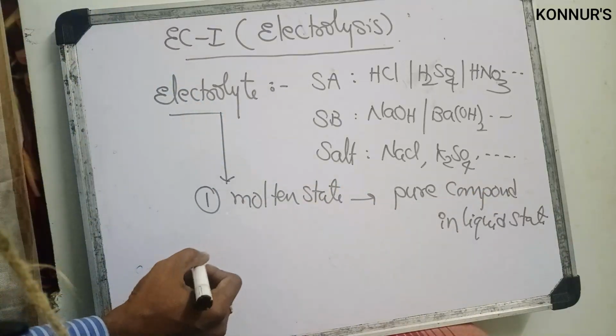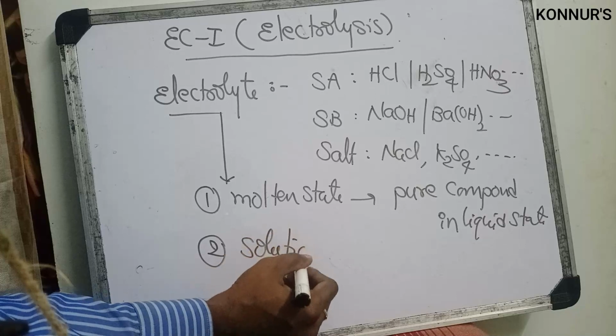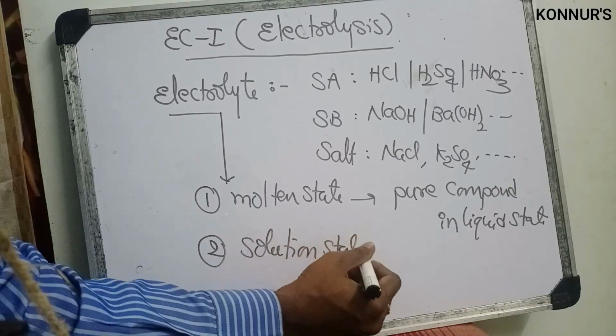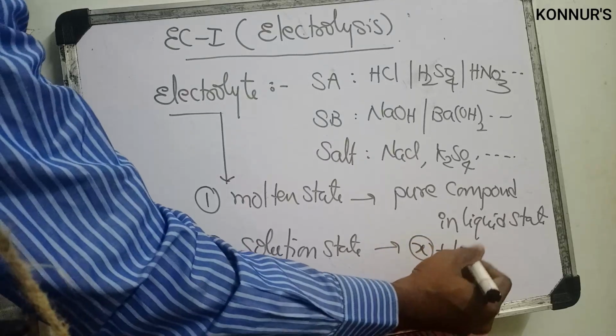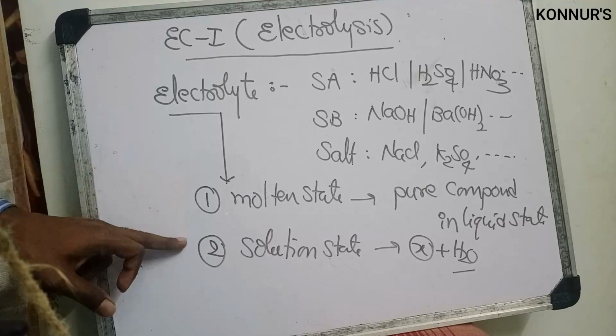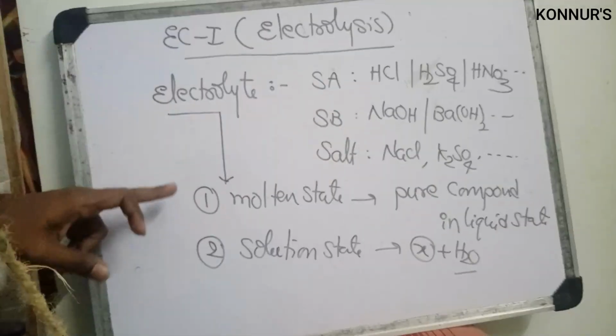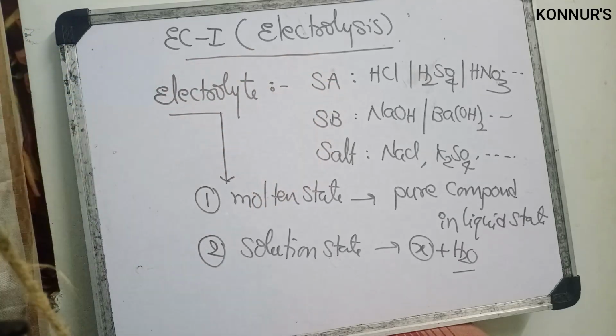That is called the molten state. The second one is the solution state. Solution state means you take the compound dissolved in water, otherwise solvent. In these two conditions only, the ions can move easily, which means they are transporting the current.